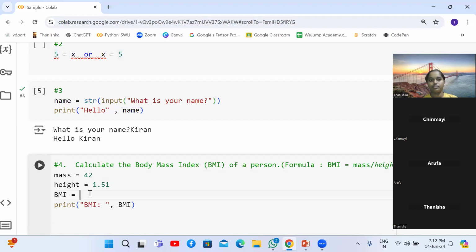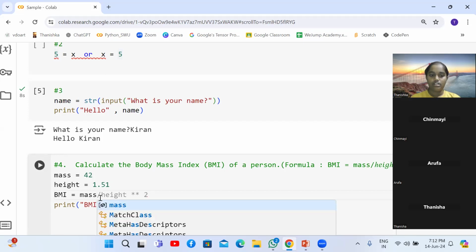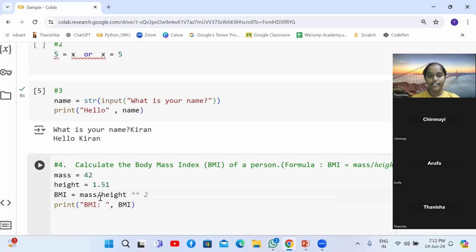I cannot understand this BMI. Okay, so what is the formula for the BMI? Mass by height 2. What should I write here? Mass, and then by, in the sense, slash, and then height. And then exponentiation, which symbol should I use for that one?